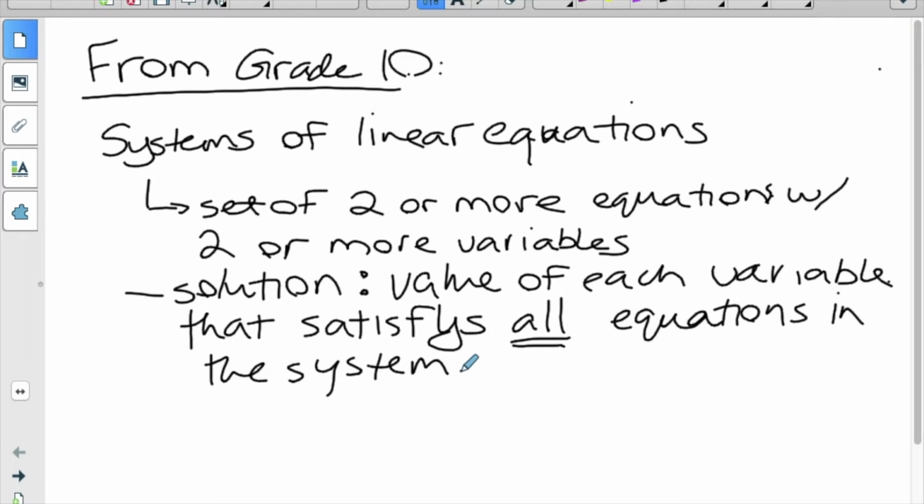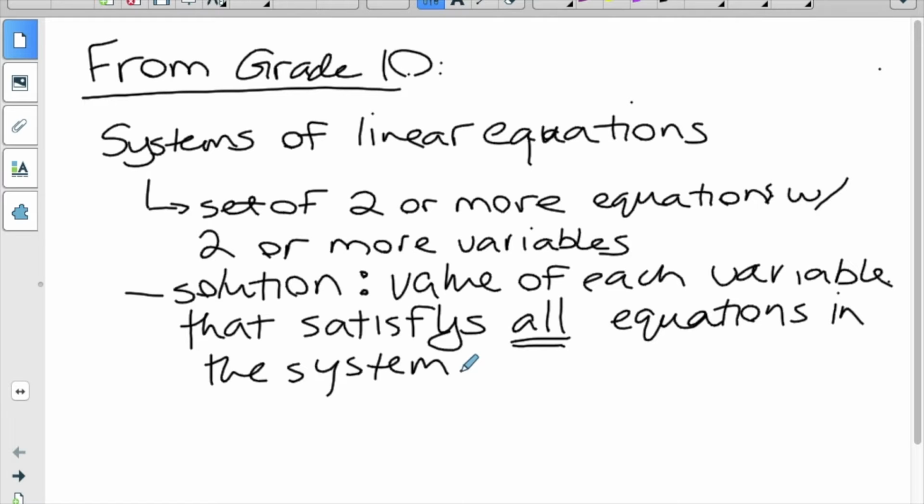We may have a system of a quadratic and a linear. And we're going to solve those types of systems. And we may also have a system of inequalities as well, where instead of an equal sign, we have a greater than or less than sign. And we'll look at what that looks like in about a week from now.